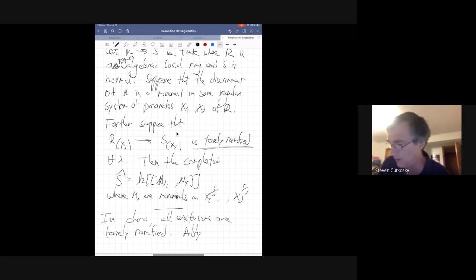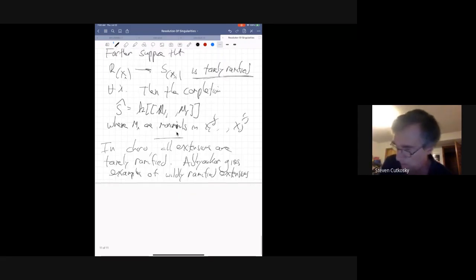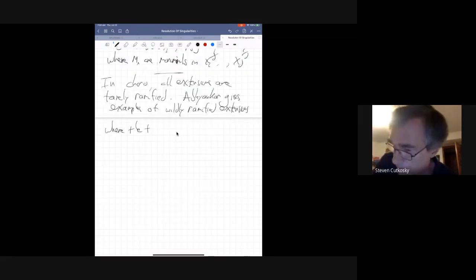And Abhyankar in his paper on this gives examples of wildly ramified extensions where the theorem fails. Okay, so this was, I guess, his first paper, which appeared in 56.